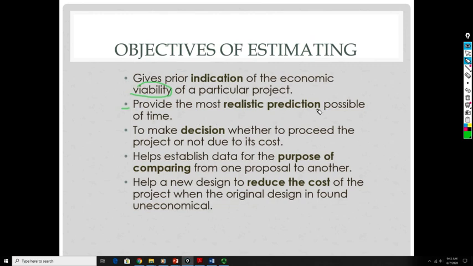Number three, to make a decision whether to proceed with the project or not, and help establish data for the purpose of comparing one proposal to another. And lastly, to have a new design to reduce the cost of the project when the original design is found uneconomical.